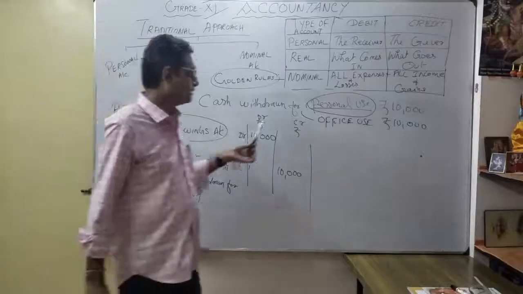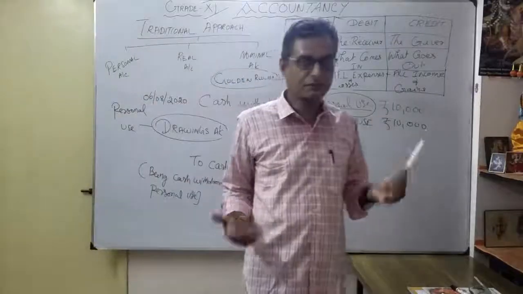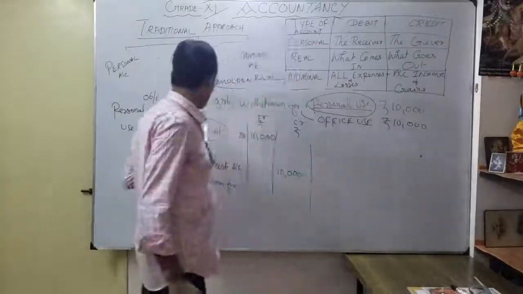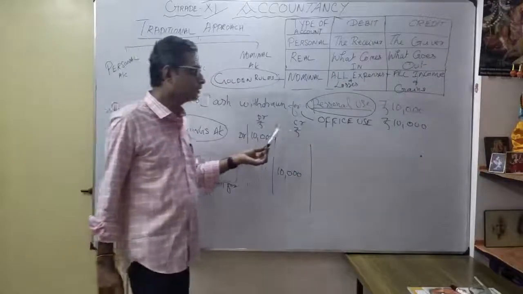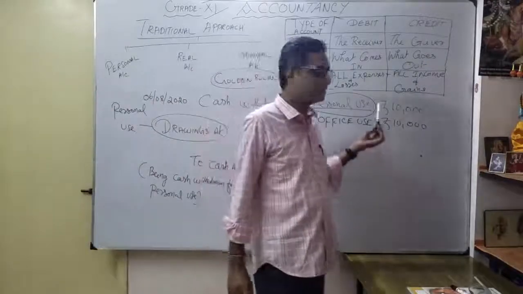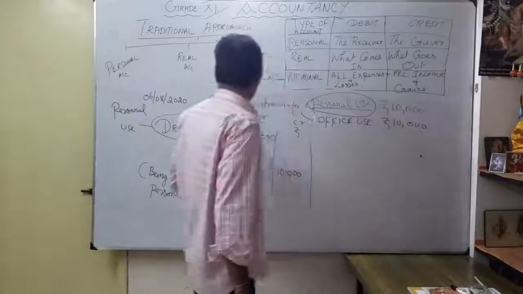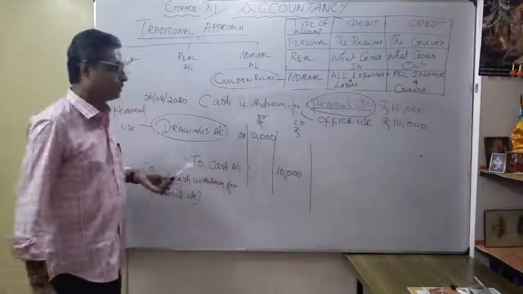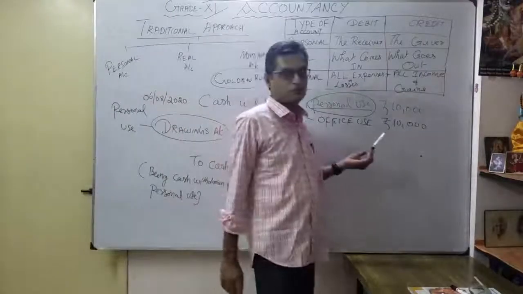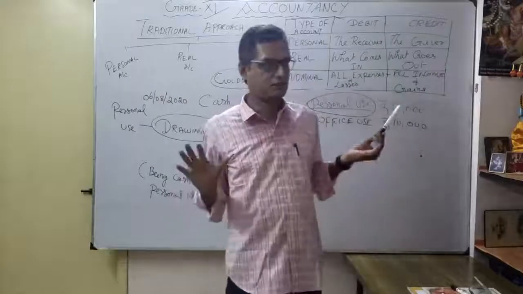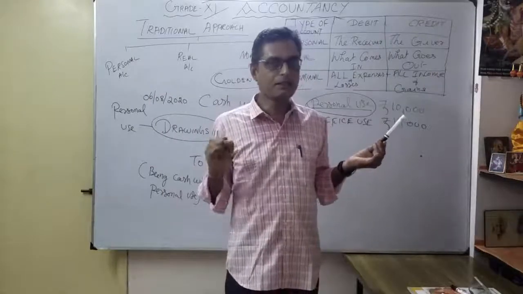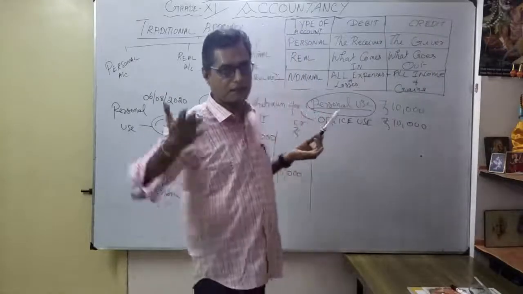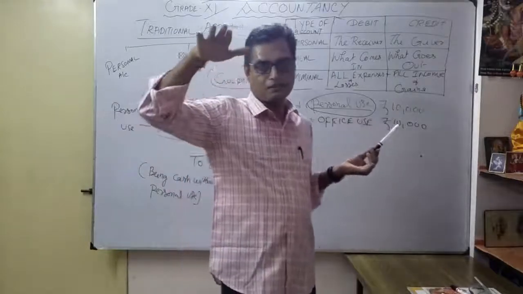Okay, now what is the office use? That is very important. Same manner. So instead of drawings account, what will be the office use? That is very important: differentiate between personal use, where you put drawings account, and office use. Suppose for office use you withdraw some money from the bank. Naturally, what will happen? In our bank account, the bank balance is reducing.